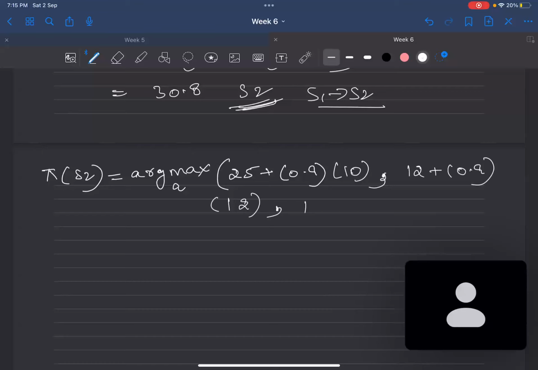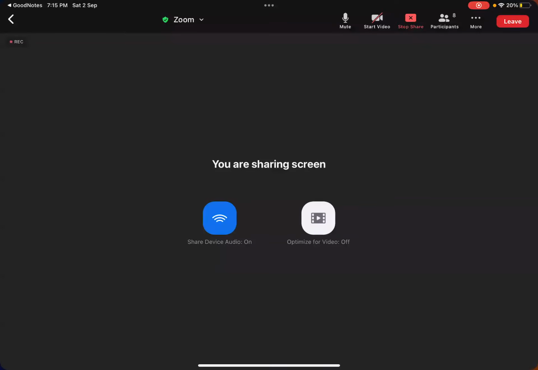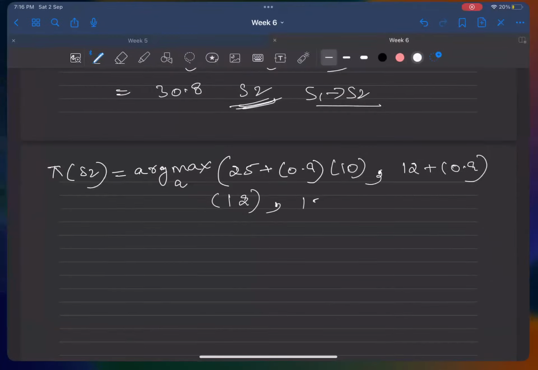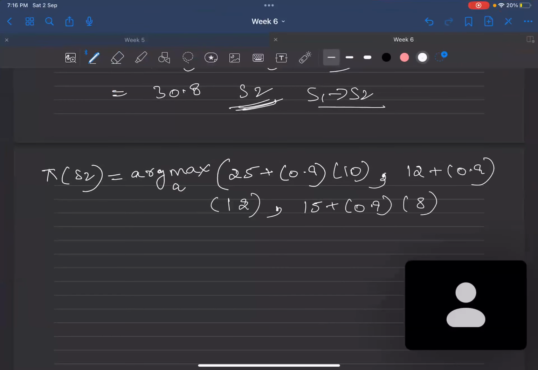S2 to S3: the reward is 15, plus 0.9 into 8. The largest one is 25 plus 9, that is 34.